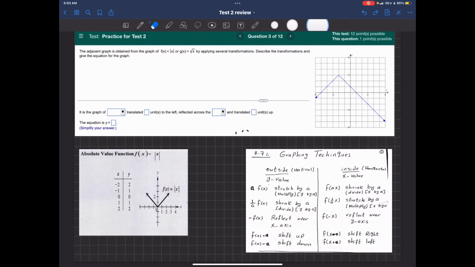So we talked about this being the absolute value function, so we're going to choose f of x. So the graph is absolute value of x. When we start in the center, it says translated to the left. We're looking at what's happening in our vertex, so we're going to go to the left 2.